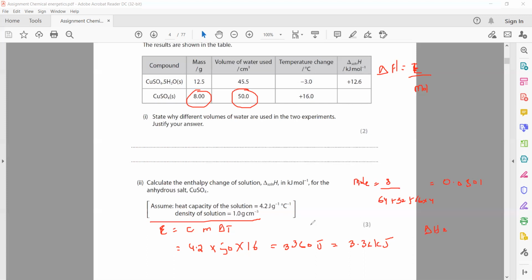Enthalpy change is energy divided by moles, so 3.36 kilojoules divided by 0.05 moles. So we'll get the enthalpy change as 67 kilojoules per mole. This will be the enthalpy of solution.